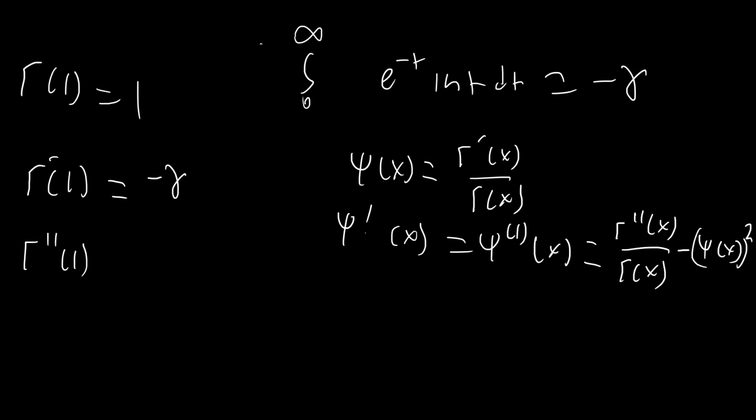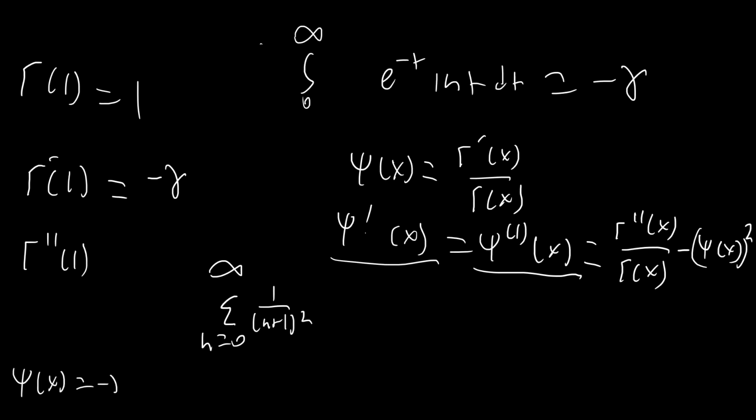And so if we want to solve for gamma double prime of 1, we can just plug everything in. Digamma 1 of 1 is going to be nothing but the sum from n equals 0 to infinity of 1 over n plus 1 squared, just differentiating the original digamma function. Just a reminder, digamma of x equals negative gamma plus the sum from n equals 0 to infinity of 1 over n plus 1 minus 1 over n plus x.